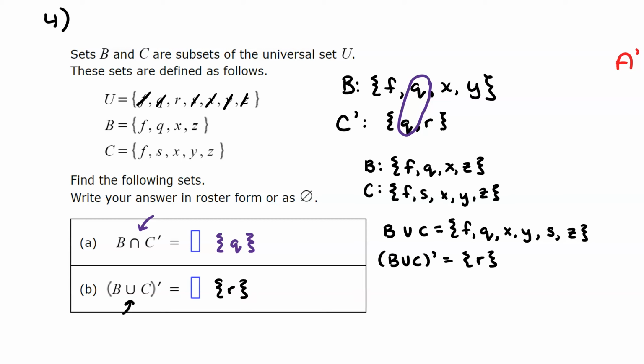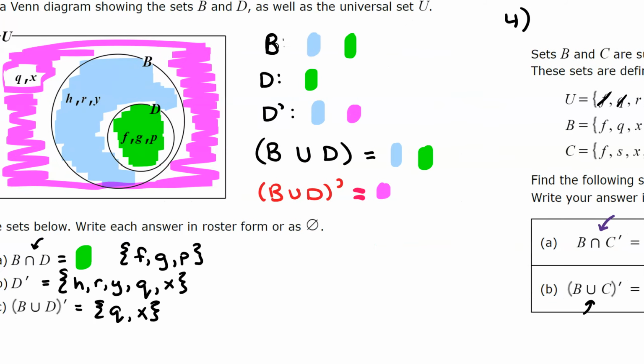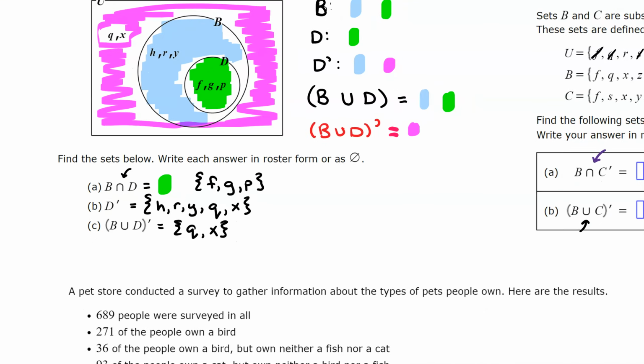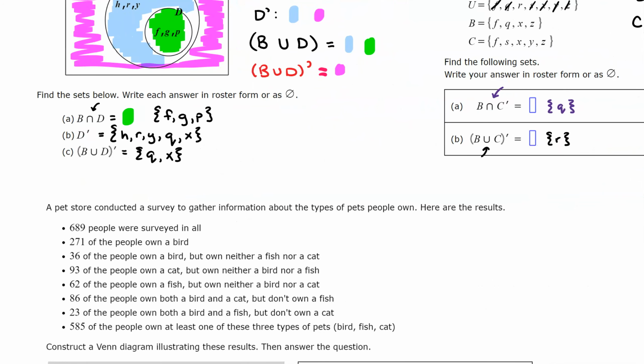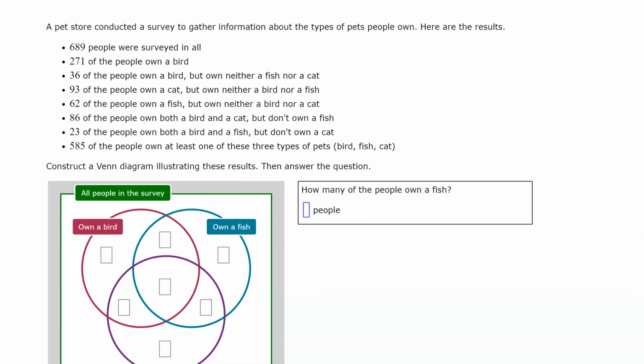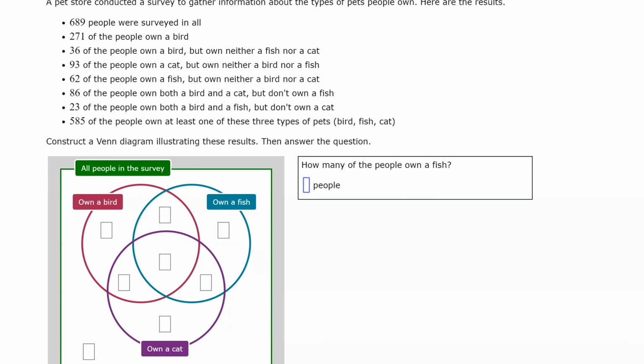So hopefully that clears up your ideas and your concepts of these set notations. And now I want to do the mother of all questions, which is a survey question with 3 circles, 3 sets. So again, in this problem, before I even read it, there's 3 circles and it's making all these rooms.